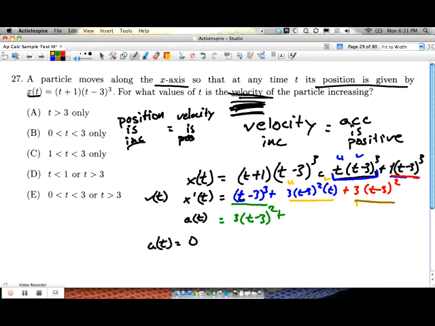The derivative of the first term is going to be 6 times t minus 3 to the first power times t plus 1 times 3 times t minus 3 quantity squared. Then we have the last and final derivative here, which is in red, which is going to be plus 6 times t minus 3 to the first power.